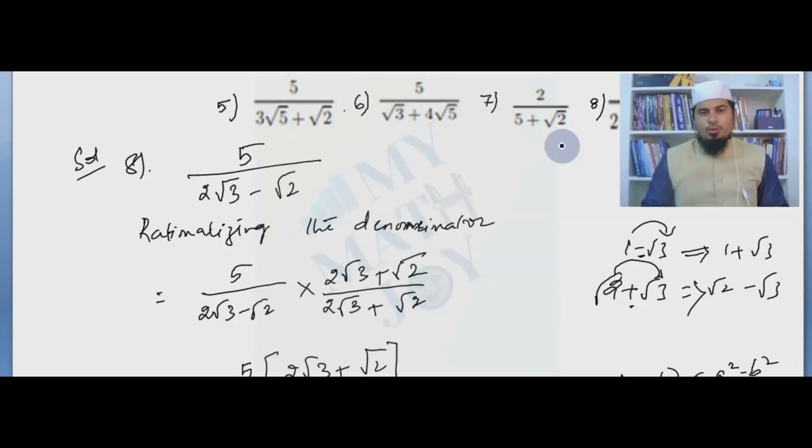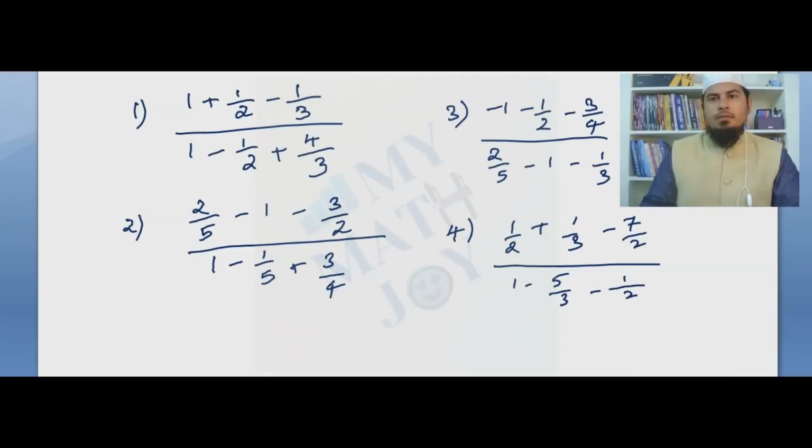Let us go to fraction of a fraction type, then fraction of a fraction irrational, then one of the topics, to grasp the concept; basic concepts will be clear, then we can go to the next topic. Let us go to fraction of a fraction now. Here we have taken 4 questions of a fraction type, that are complex rational numbers, or you can call them complex fractions.